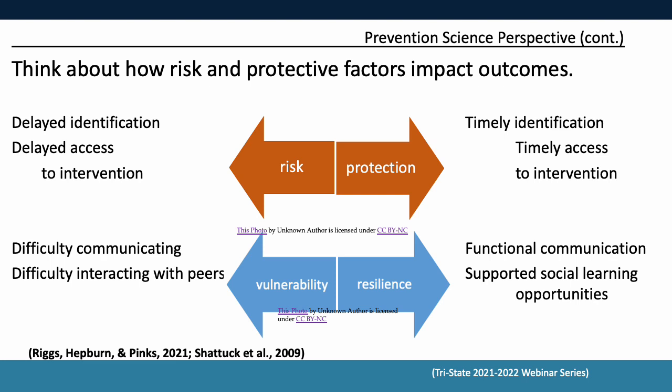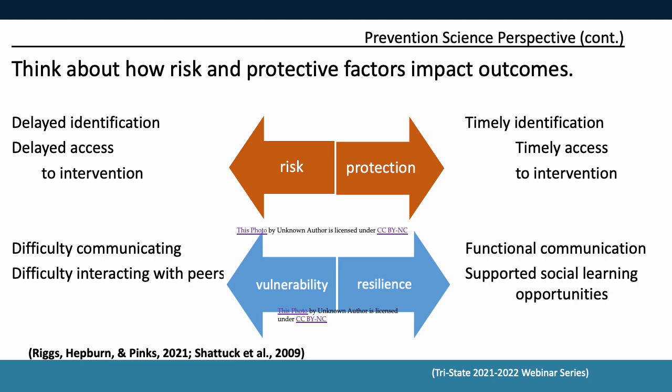We also see that children with autism who are not identified early are at greater risk of not developing functional communication, verbal or otherwise. And the longer they go without being identified, the longer people have to make attributions or judgments about problem behaviors or things that are interfering. And if you don't understand that a child's autism is part of what's driving some inappropriate behaviors, you may take an inappropriate parenting, discipline, or intervention approach.